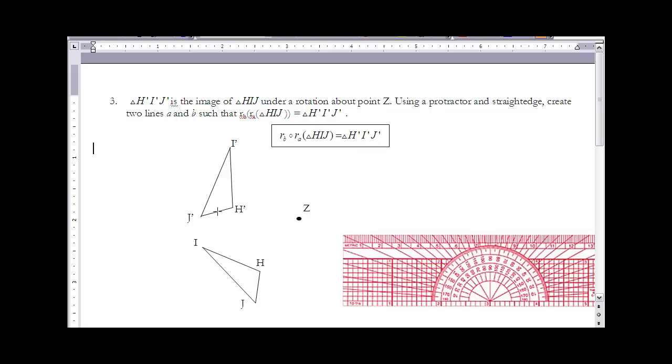To find that magnitude, I need to take a pre-image point, the center, and an image point, and measure that angle. So I'm going to start by drawing rays from the center point through the pre-image point, and then doing the same thing from the center point out through the image point. That gives me an angle that I can measure, so I can see what kind of rotation I have.